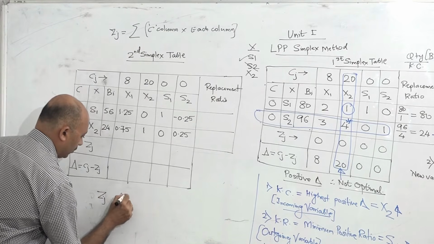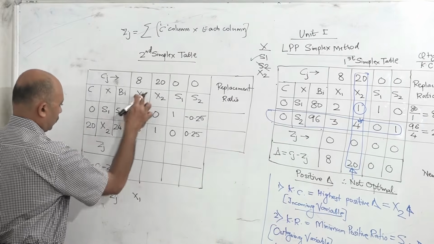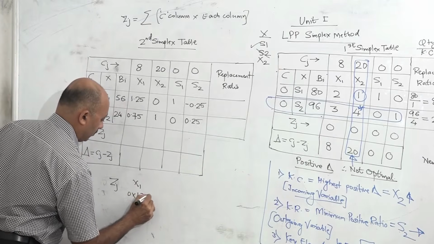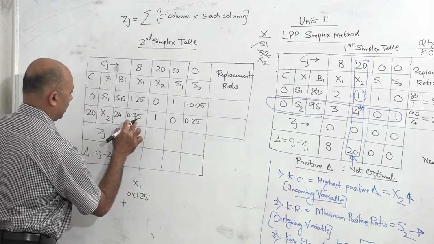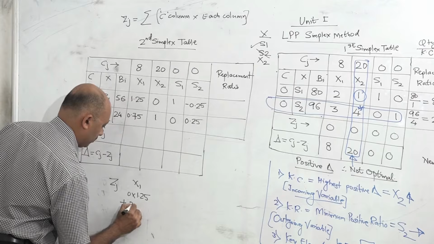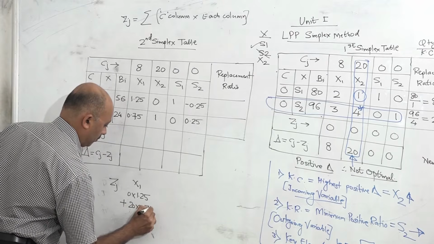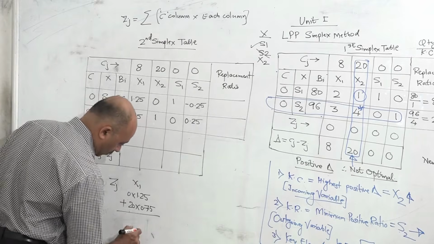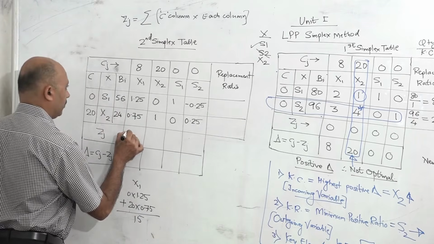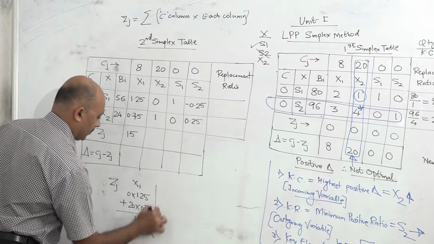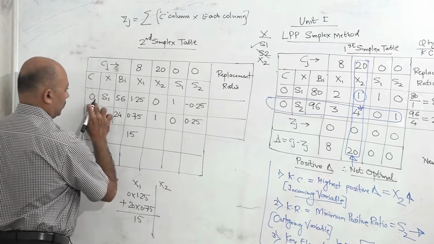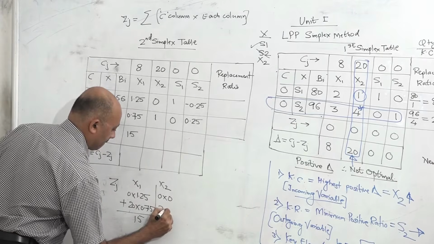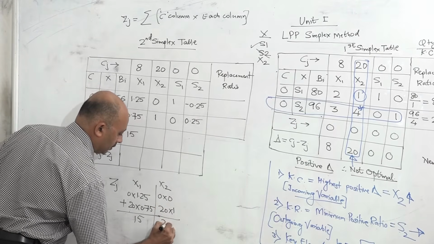So Zj value, see for x1, first column it is 0 into 1.25 plus 20 into 0.75. So 20 into 0.75, that will be 15. So here Zj value will be 15. Then x2, 0 into 0, 20 into 1. So 20 into 1 is 20.